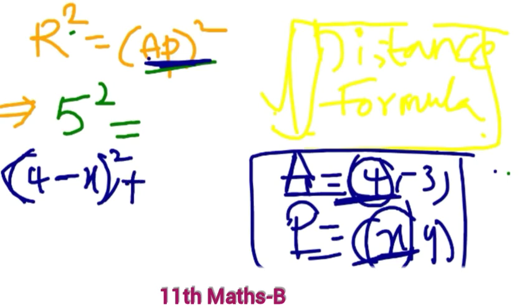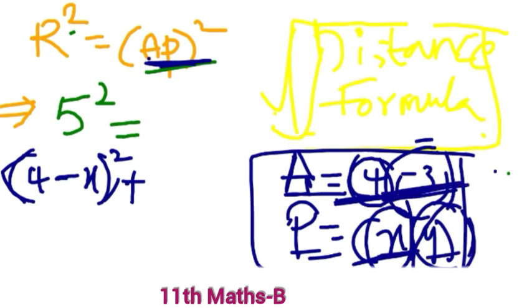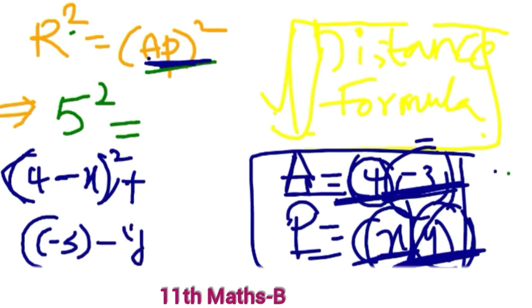Plus, now we have to take the second terms. What are the second terms? One is -3 and one is y, right? So take a bracket and write (-3 - y) whole square.